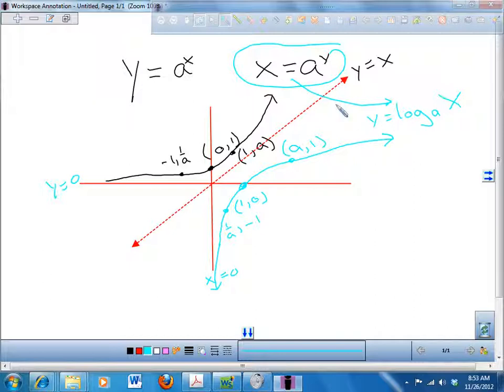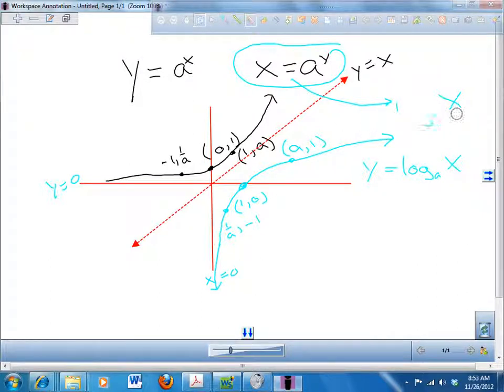A is called the base, and x is next to it. So it's log base a of x. Y equals log base a of x, where a is a subscript, down here. Look at your note sheet, it says it at the top.